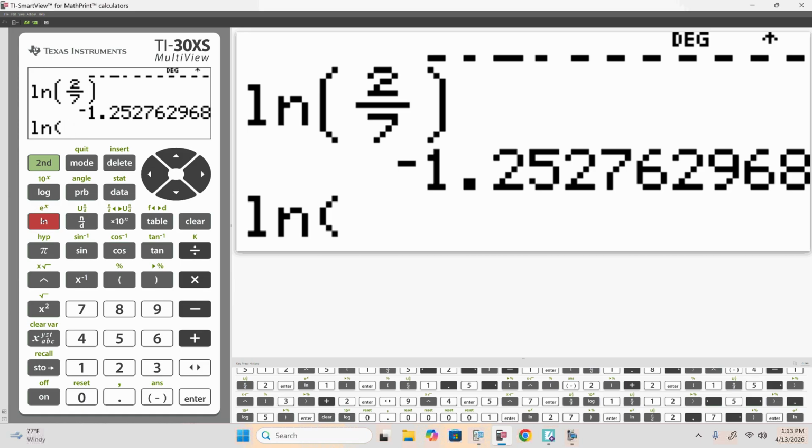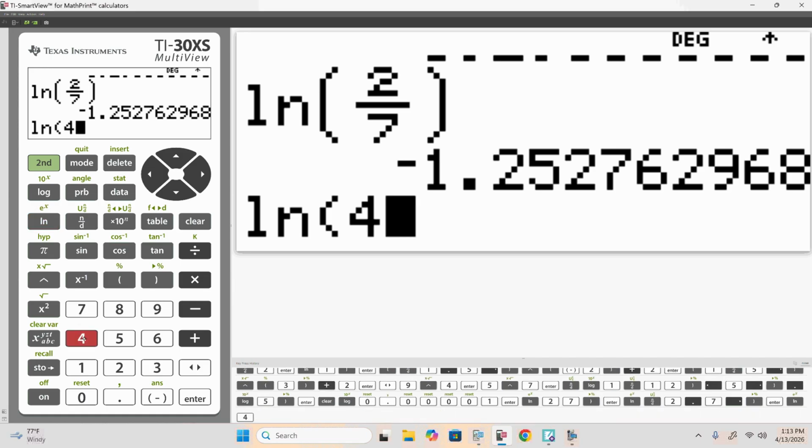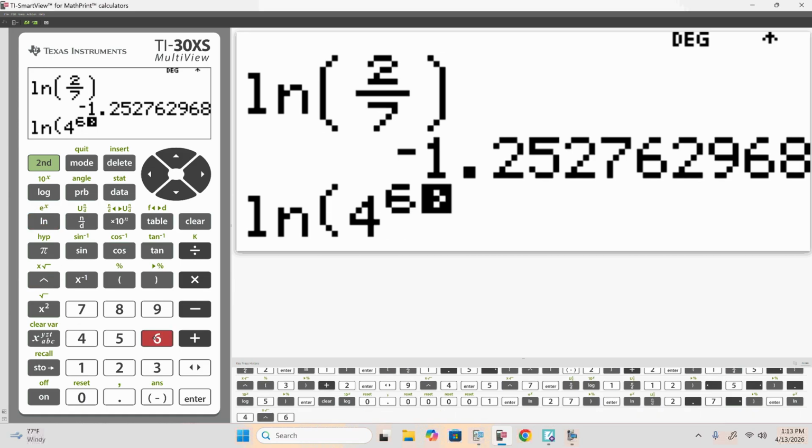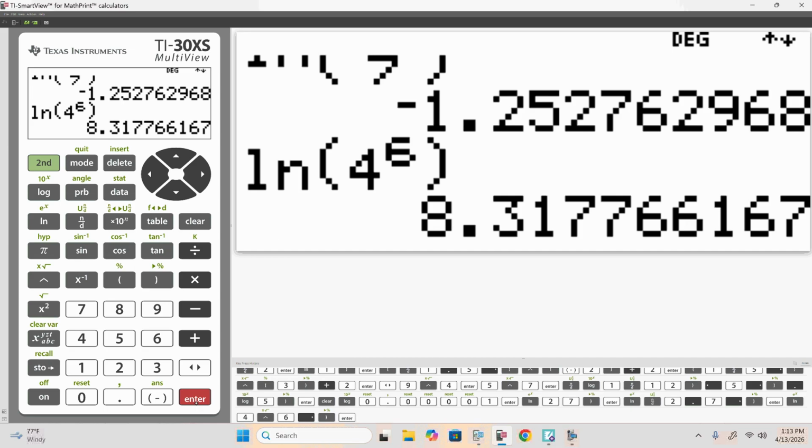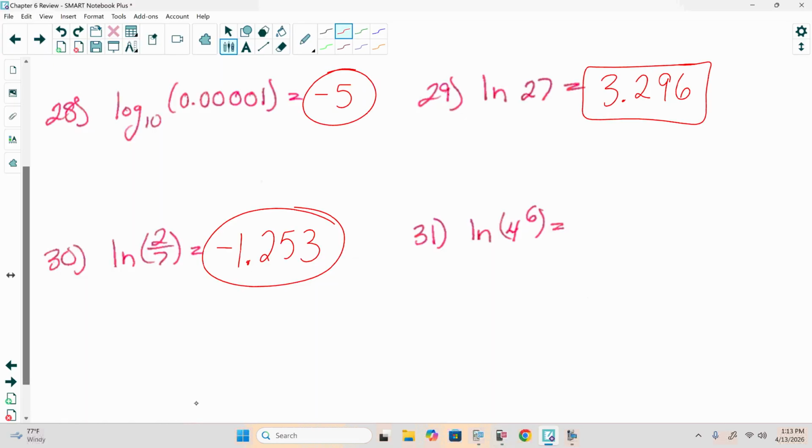Last one, natural log of 4 to the 6th power is 8.317766167, or 8.318. Questions on 26 through 31. Do we feel good with these here? Okay. We're ready for the next set.